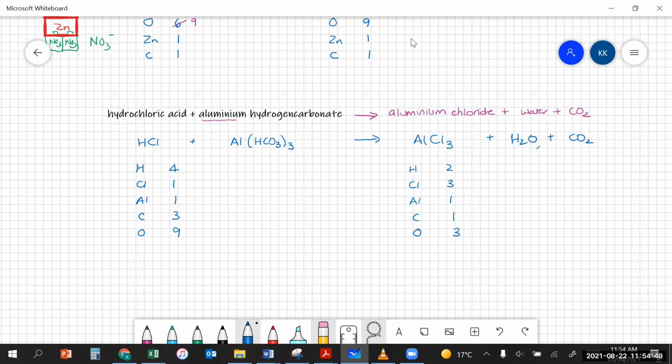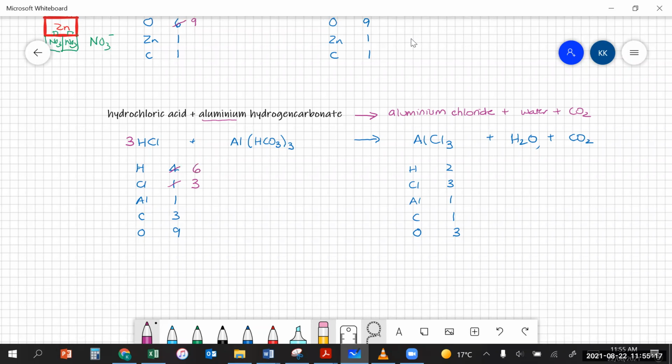So let's go with chlorine first. We've got 1 on the left and 3 on the right, so we need to have 3 lots of the chlorine containing compound, and that is going to give us our 3 chlorines, but it's also added to the hydrogen count. So now we've got 3 hydrogens in the HCl and 3 in the aluminium hydrogen carbonate, so that's 6 altogether.